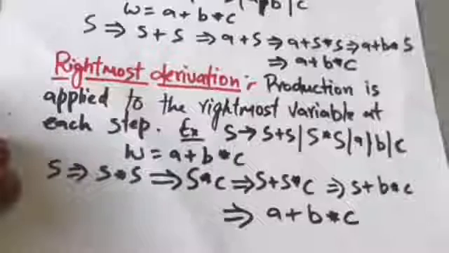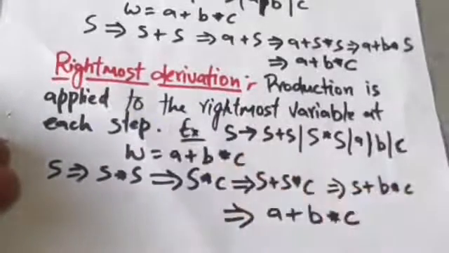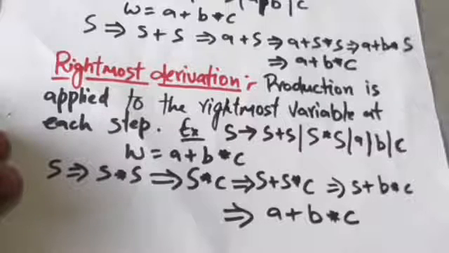Now let's study about rightmost derivation. If in a derivation of a string of terminals from start symbol S, production is applied to the rightmost variable at each step, then the derivation is called rightmost derivation.